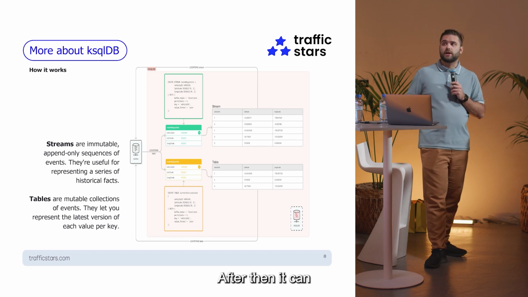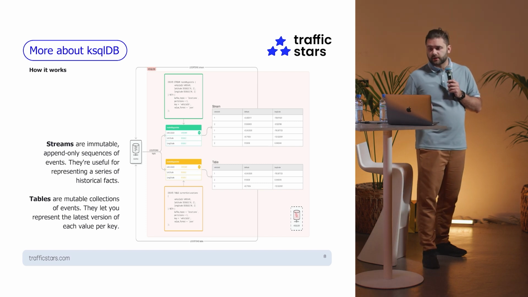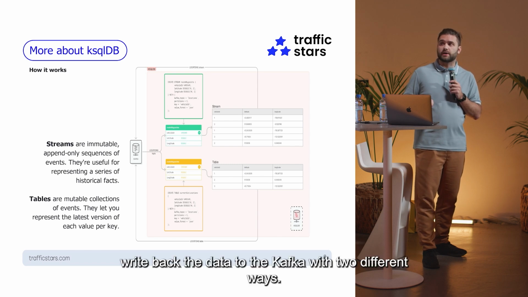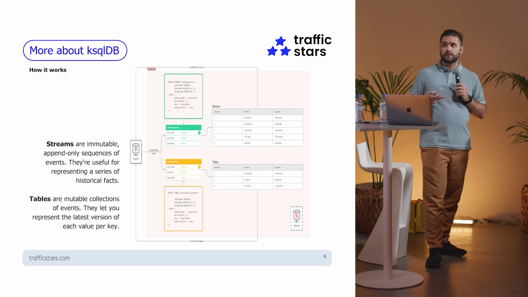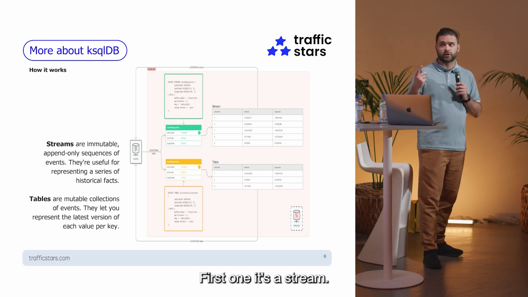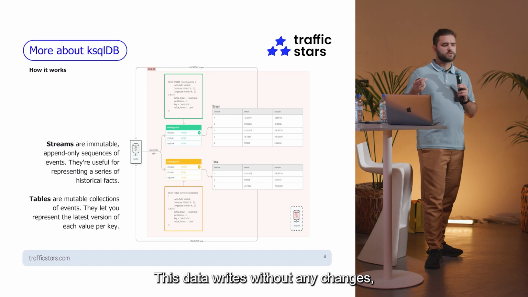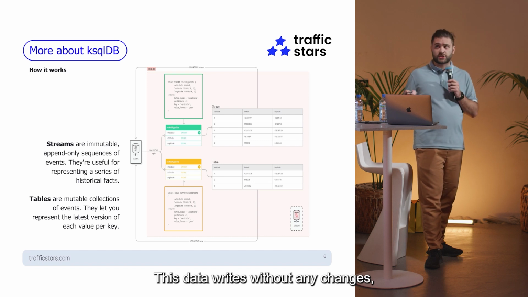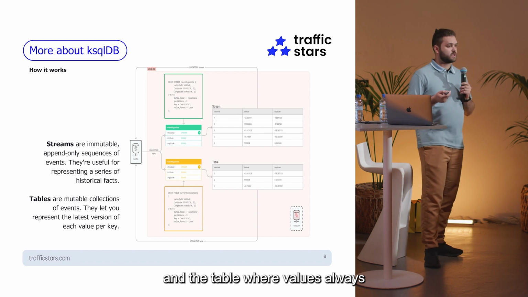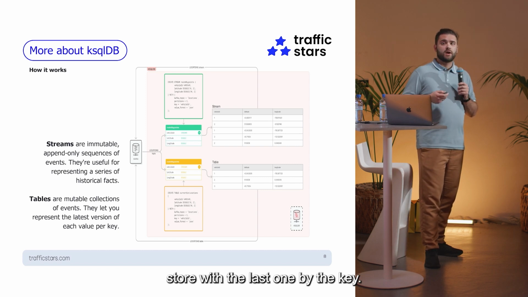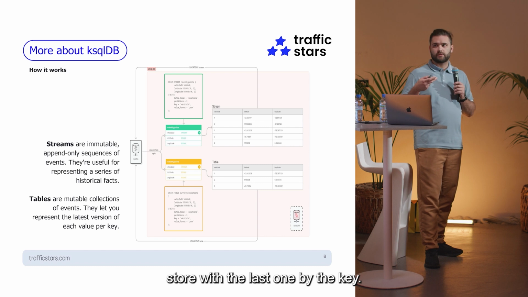After that, it can write the data back to Kafka in two different ways. The first one is a stream, where data is written as is, without any changes, and the second is a table, where values are always stored with the last one by the key.